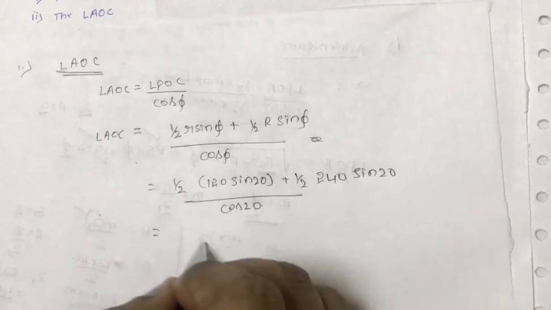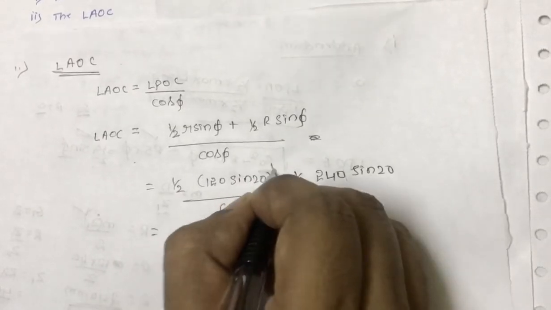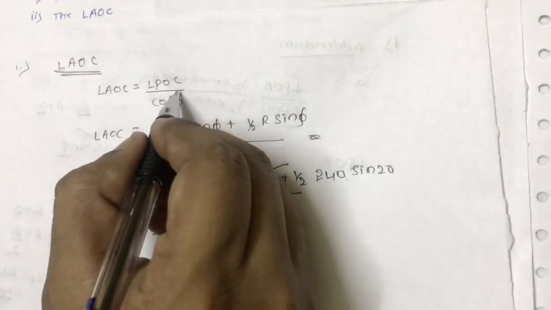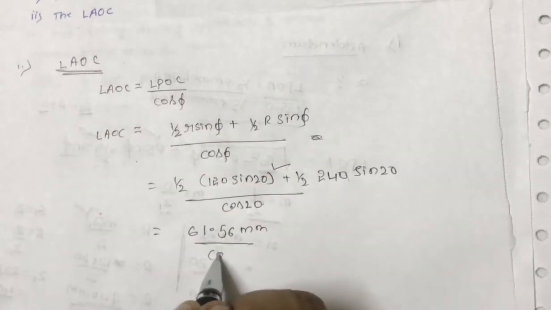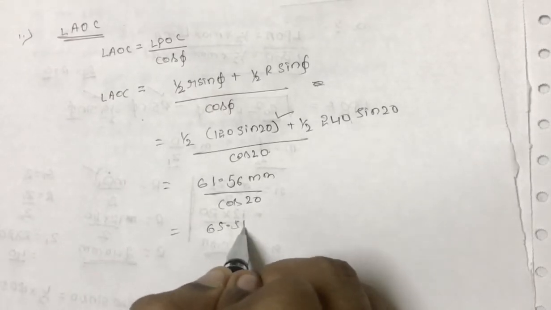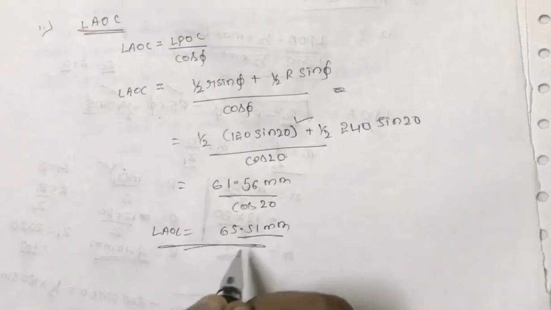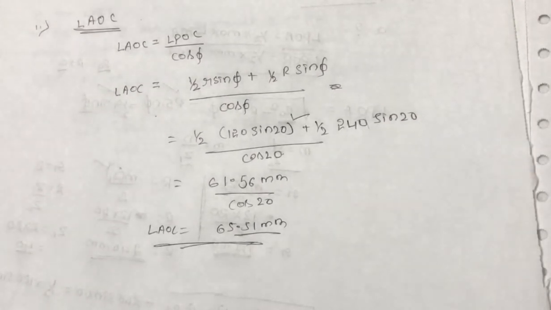As you simplify it, you get 61.56 mm. This value is LPOC, length of path of contact, and divided by cos 20, you'll get 65.51 millimeter LAOC. This completes your second one.